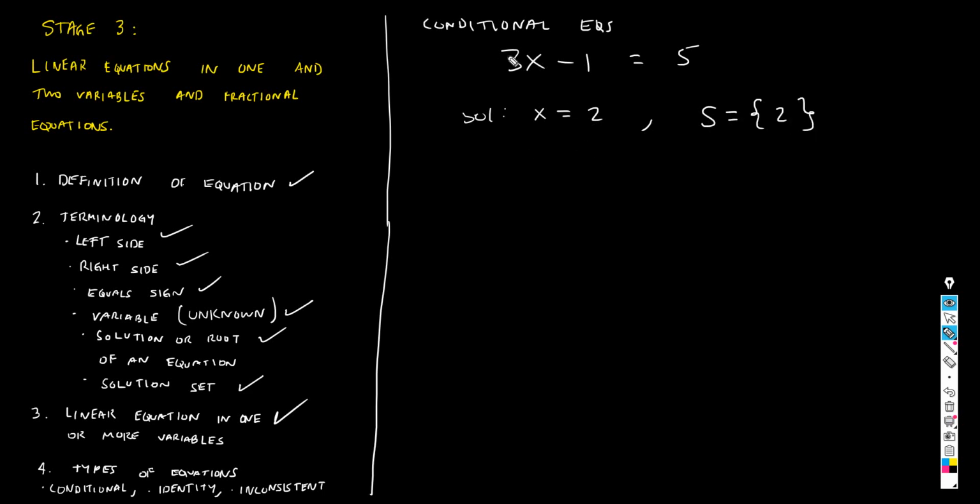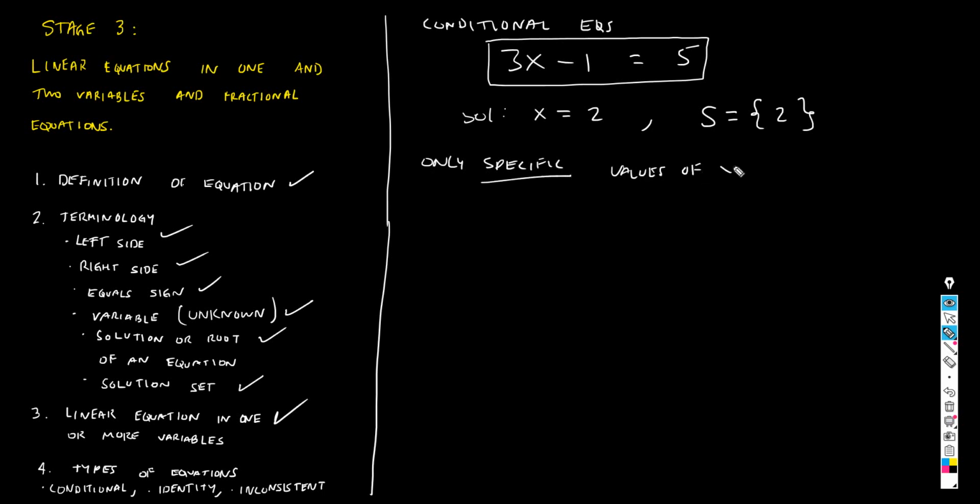Okay, why do we call this a conditional equation? This particular equation, why is this a conditional equation? Because only specific values of x or your variable satisfy the equation. Only specific, okay?